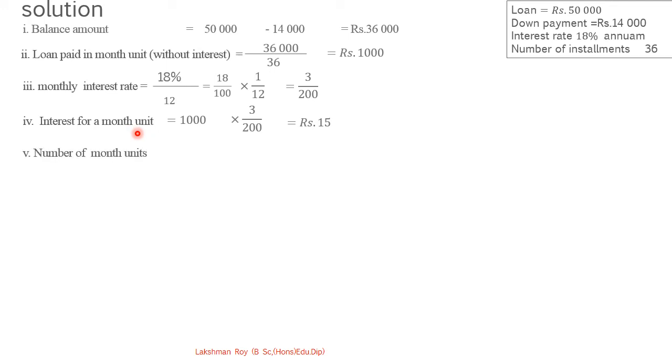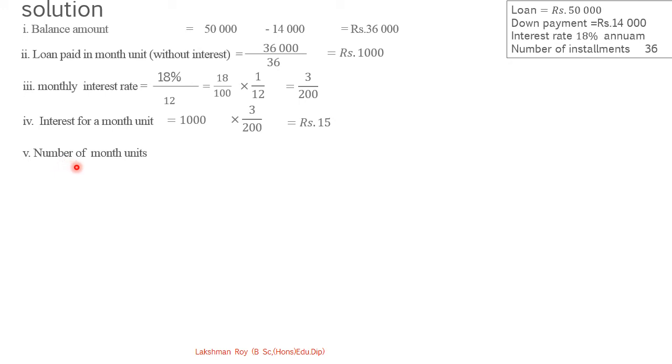Then we move to Roman number 5, which asks for the number of month units. Remember, in the earlier example I also explained how to find the number of month units, so it is better to keep that formula in mind.